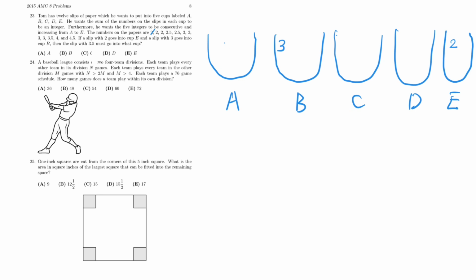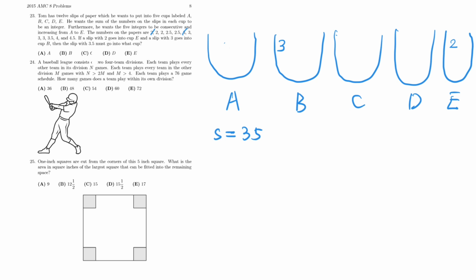So add all the numbers together. 2 plus 2 plus 2, and so on. The sum is equal to 35.